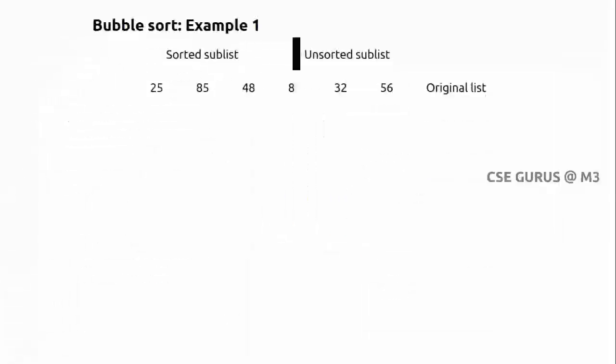I have taken the example elements initially like this. What you have to do first whenever you go for bubble sort: let us suppose in this process, whichever is the largest I keep at the last position, next largest at the last but one. In our example, of course 85 is the largest and has to go to the last. Next largest is 56, which should come at the last but one, next will be 48, like this. So anyway, we'll make it.